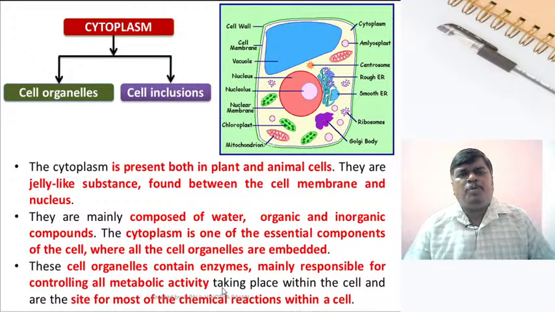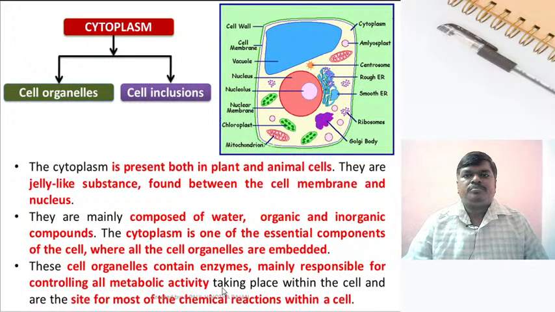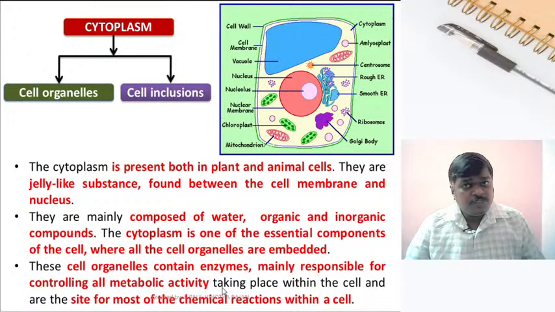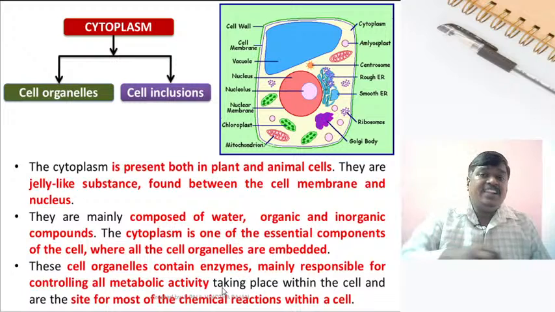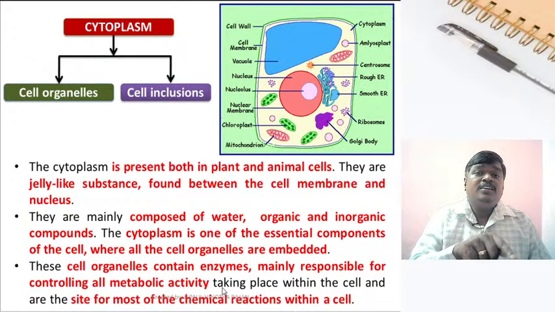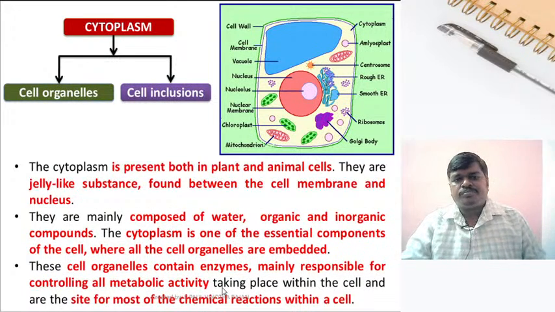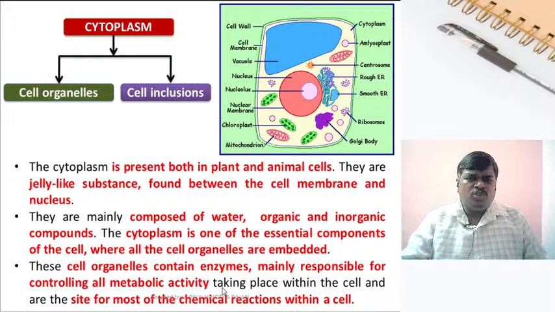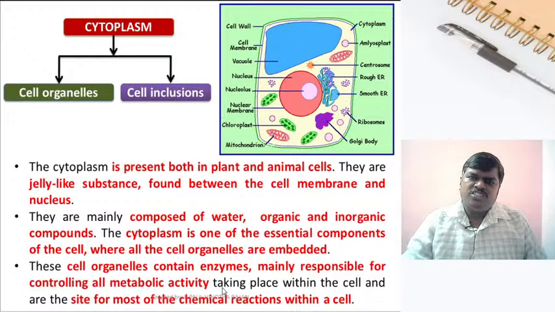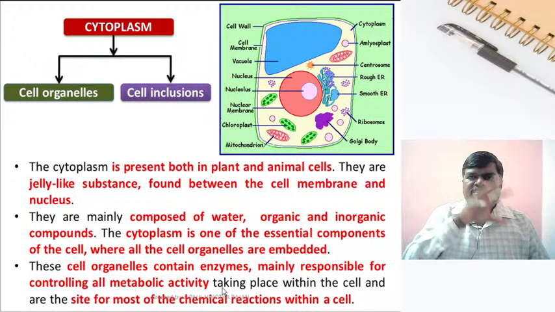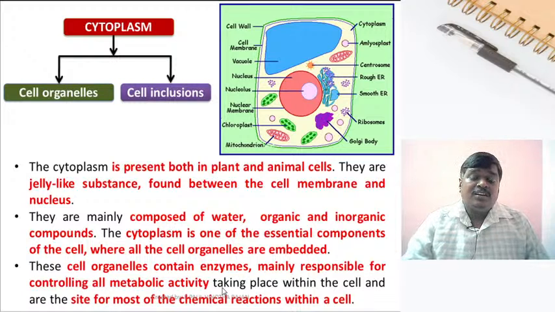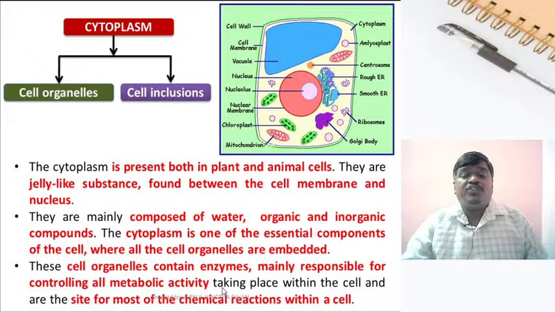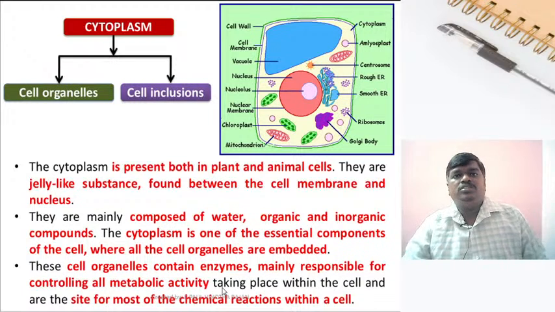These enzymes are responsible for various functions, for example, photosynthesis and respiration. A lot of enzymes are involved in these, and those enzymes are present in the cell organelles in the cytoplasm. So cytoplasm is known as the site of chemical reactions within a cell, because most of the cell organelles are present in it. That is the reason why the cytoplasm is known as the region of biochemical reactions within the cells.